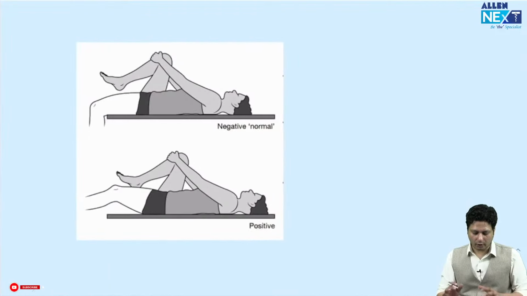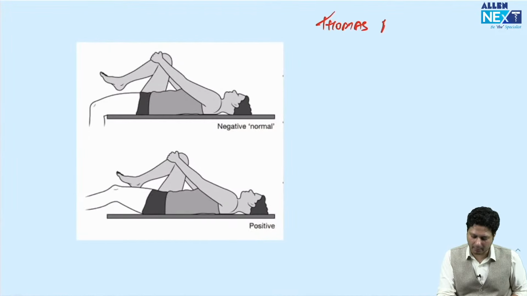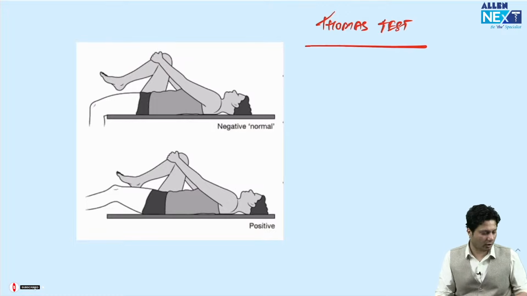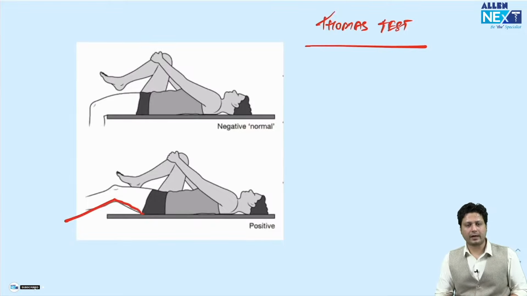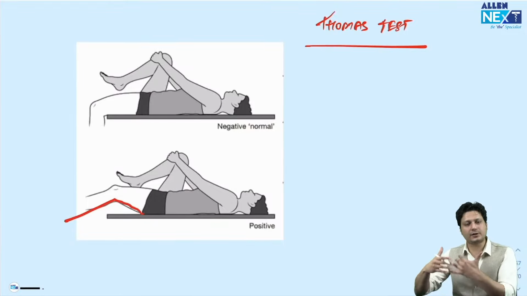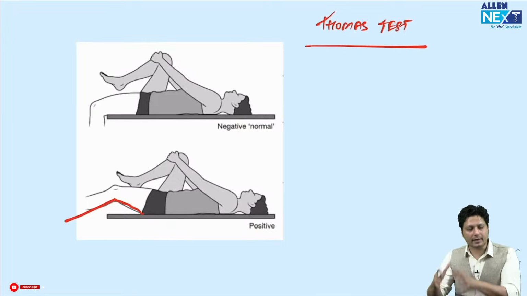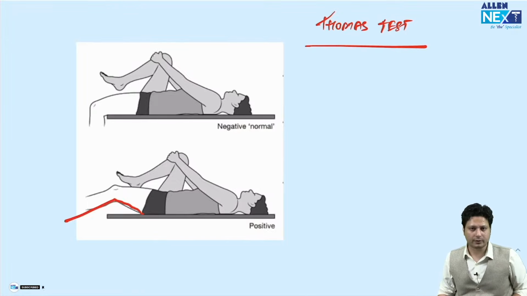All right. So, what is Thomas test basically? This image is going to represent everything in relation to this Thomas test. What exactly Thomas test is, is the unmasking of the fixed flexion deformity by obliteration of exaggerated lumbar lordosis. All right.